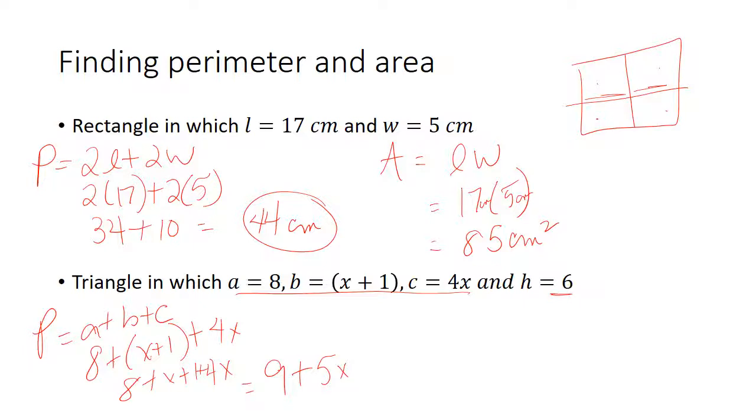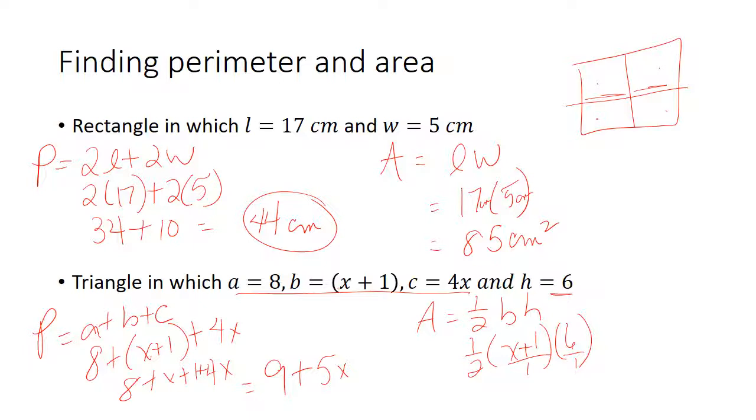All right, so to find my area, I'm going to do 1/2 of my base times my height. So I'm going to use this as my base. So I'll do 1/2 times x plus 1 times 6. So anytime you've got them multiplied, I'm just going to stick these over once so that we can see that we are multiplying fractions.